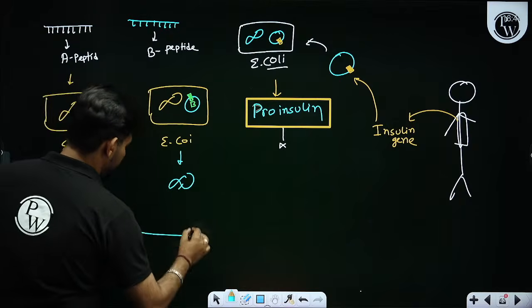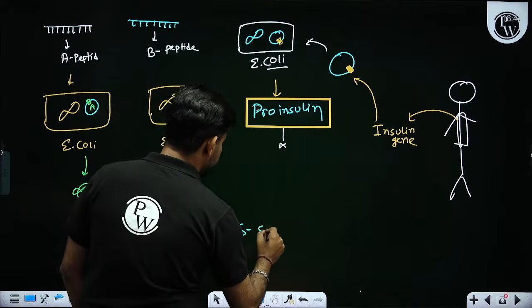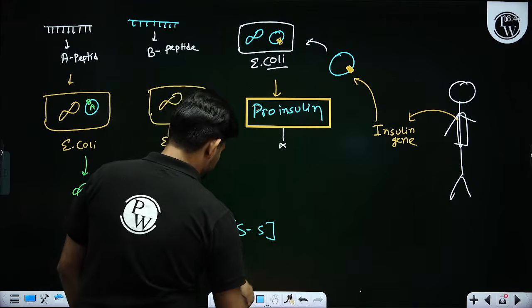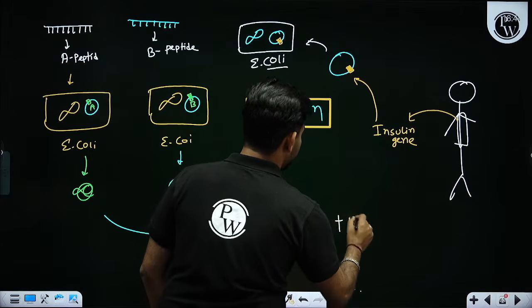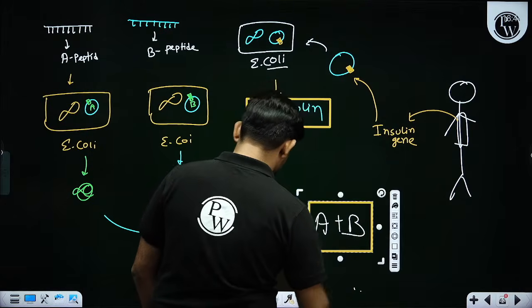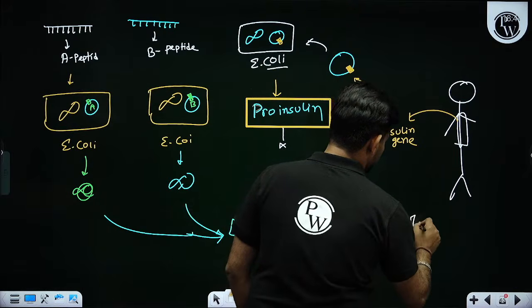Later on, by constructing a disulfide bond, you can merge these A peptide and B peptide, and thus functional insulin is produced.